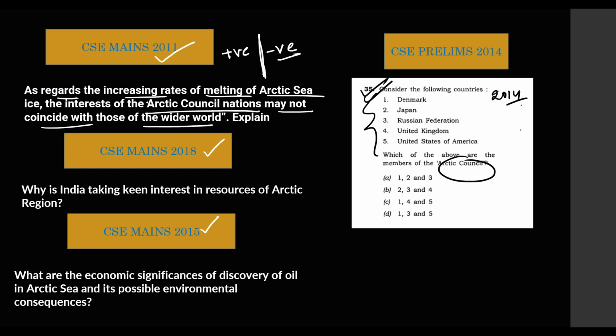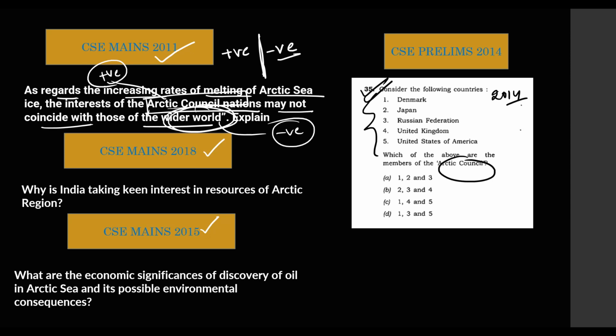Why? Because the members of the Arctic Council are going to be benefited, whereas the wider world is going to be at loss because of the impact it will have on the climate and the rising sea level.